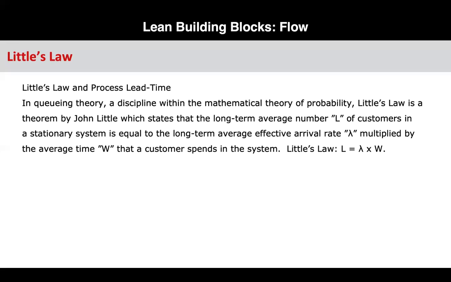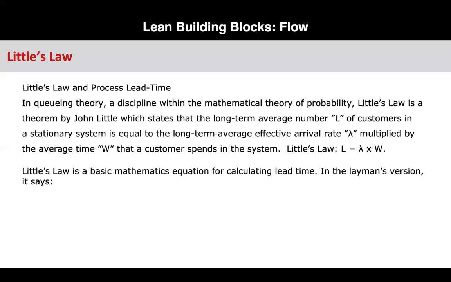But what it really means for the unit load we just talked about, and for material handling, is that it's a mathematical equation for calculating lead time. So forget all the really in-depth studying.